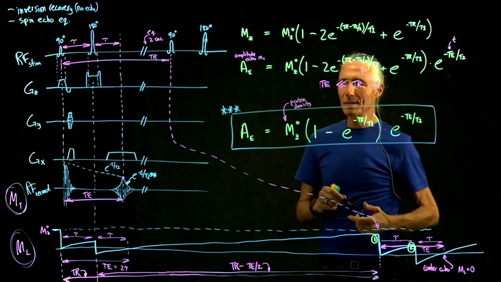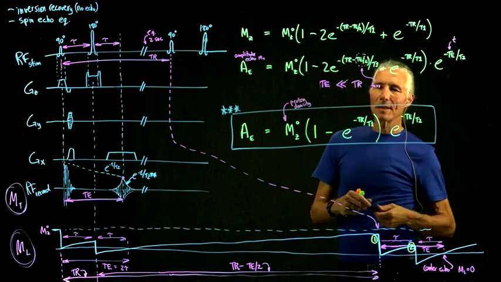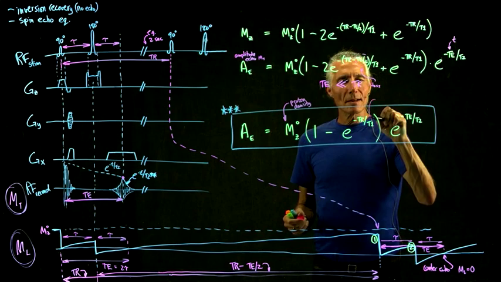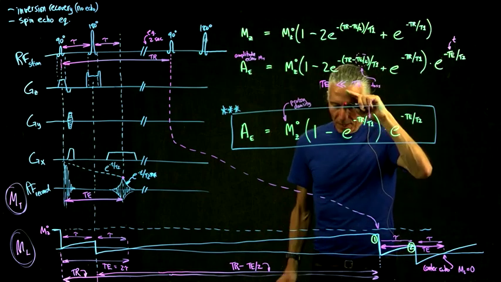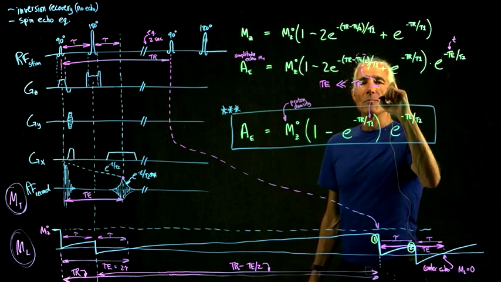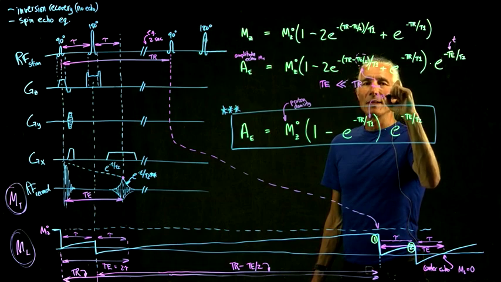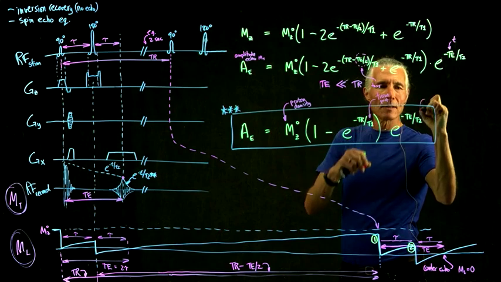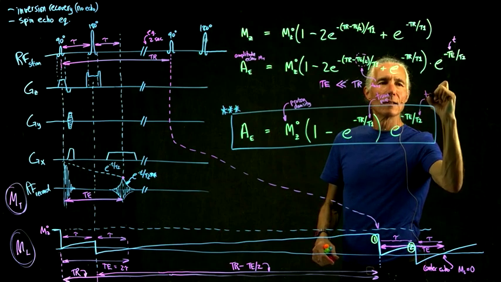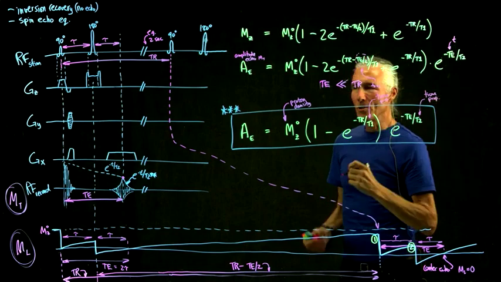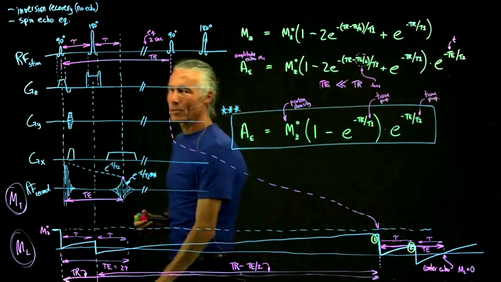That's what the MZ0 is. So that's the proton density. And then here's another tissue property: what is the T1 of this particular tissue? And then here's another tissue property: what is the T2, not the T2 star, what is the T2 of that tissue?